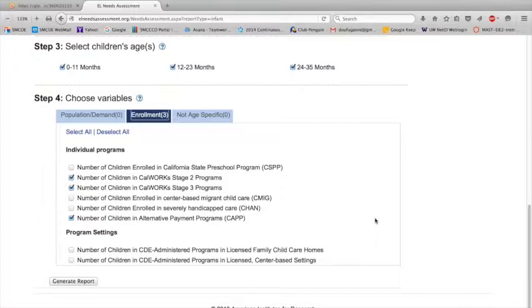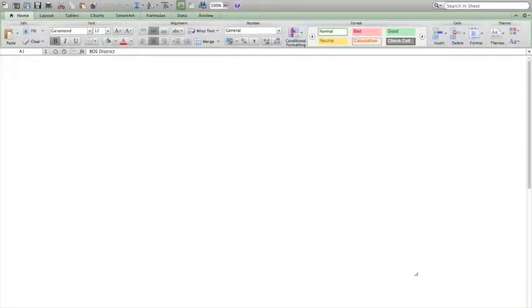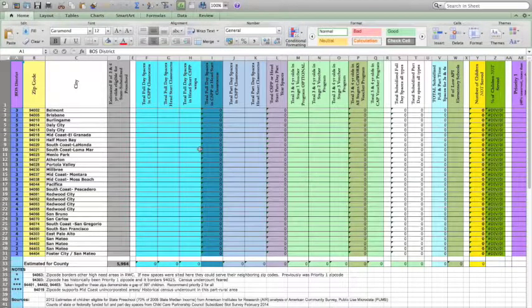We have a question about where you would include the Stage 2 and Stage 3 children. Well, they are a category in the template. If we take a look back at the template, they're part of your supply. It looks like we rolled them up along with the AP vouchers.